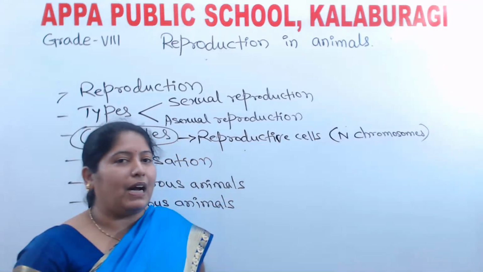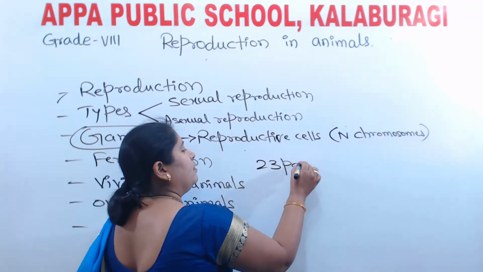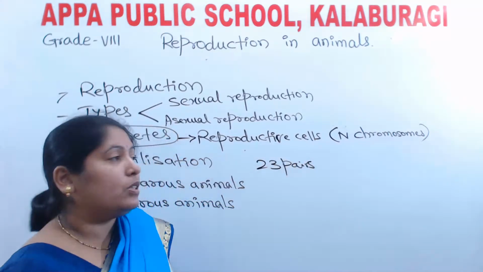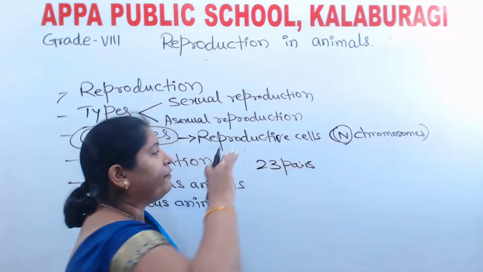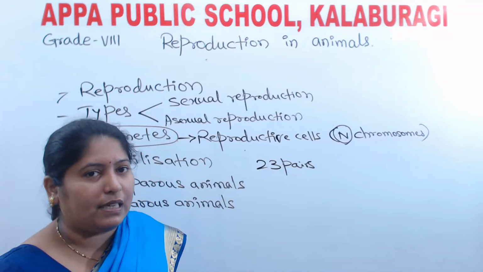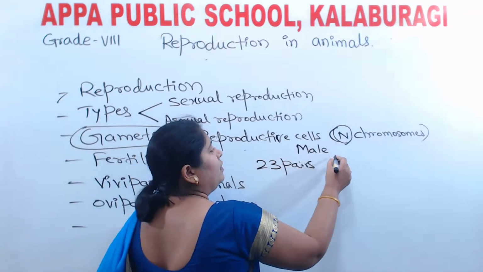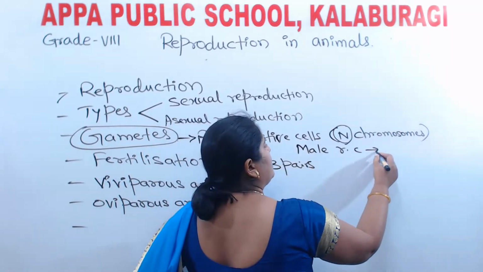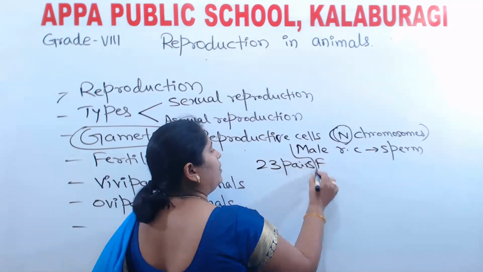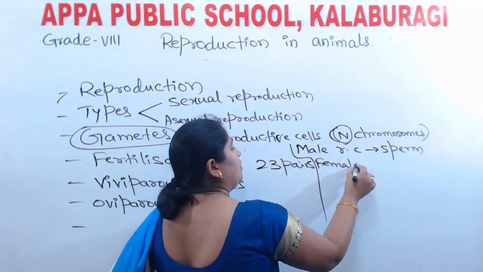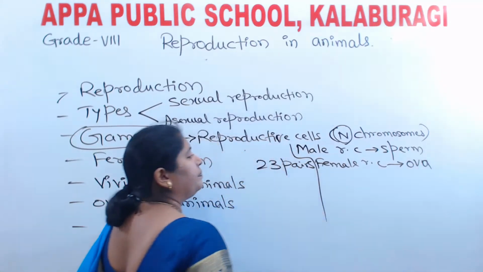I told you already that we have totally 23 pairs of chromosomes. Out of those 23 pairs, this n number means only one set of chromosomes is present in these reproductive cells. It may be the male reproductive cell, that is the sperm, or else the female reproductive cell, that is the ova.